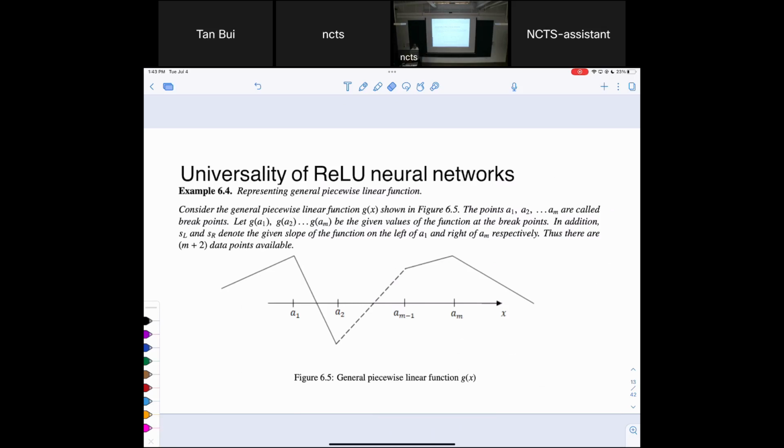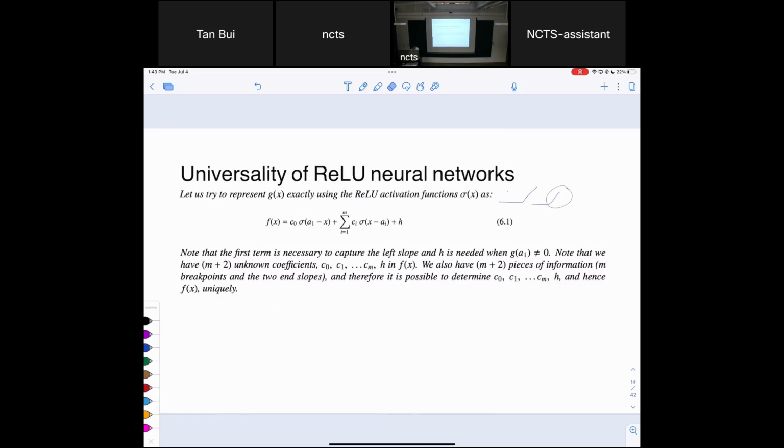We have a total of m plus 2 pieces of information: m breakpoints and 2 slopes at the end. Without the slopes, you cannot determine the function uniquely. With 2 slopes and m breakpoints, we have a unique piecewise linear function. So we expect that a neural network has m plus 2 unknowns as well.